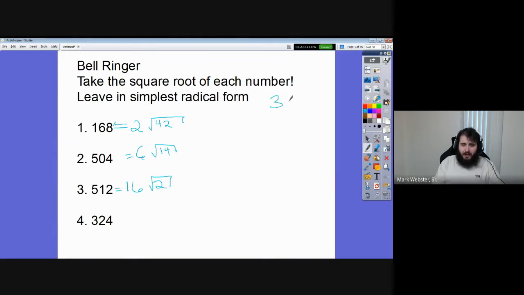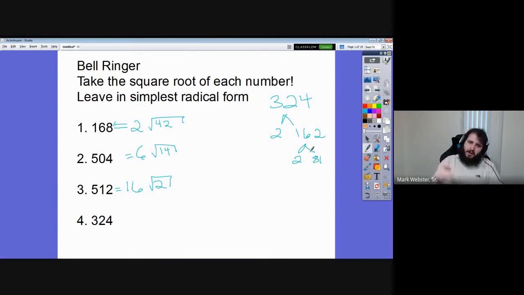Well, let's break that one down. Once again, start with the smallest number you can, 2, right? What's half of 324? Okay, 162. What's half of that? Well, we can't do half of 81 anymore.